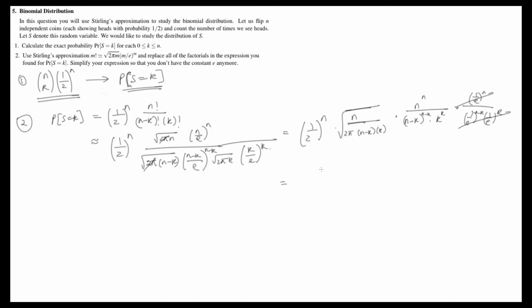Which is equal to, what I want to do now is split this. Okay, let me do that in 2 steps. 2 pi n minus k times k.